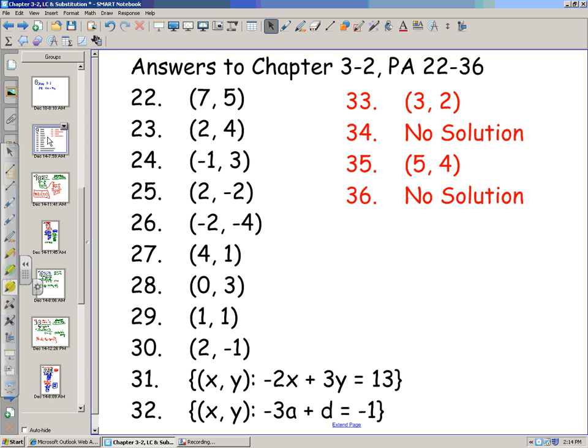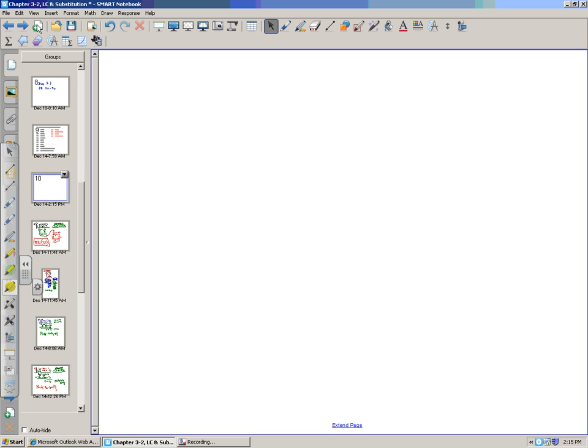That's elimination. What number? 36. 6x minus 2y equals 11. Negative 9x plus 3y is equal to 16.